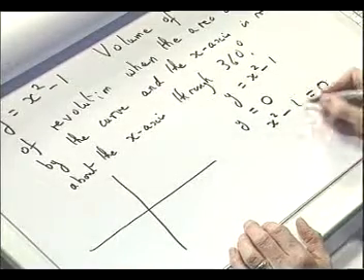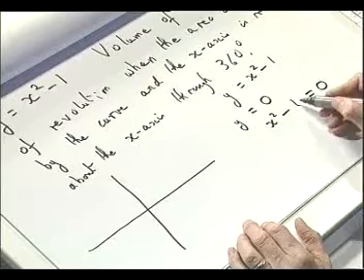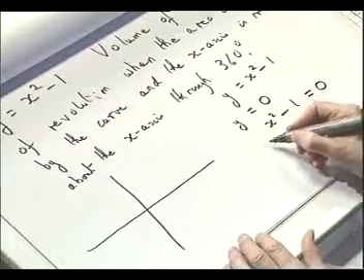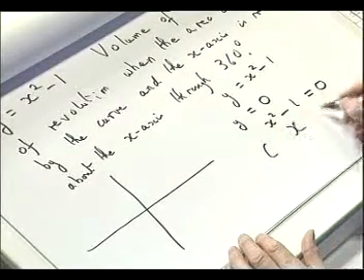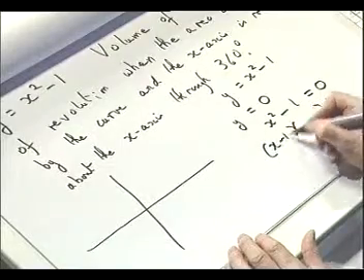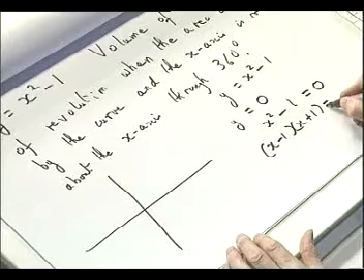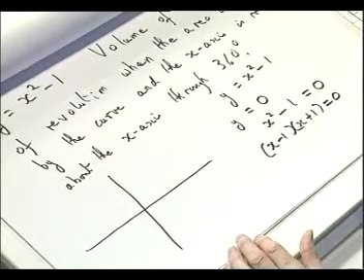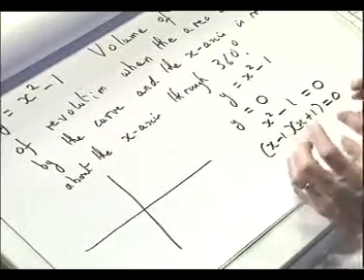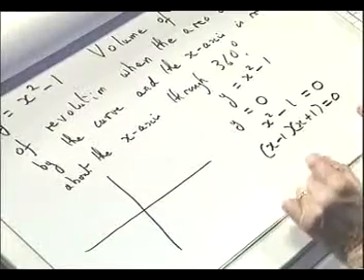So we can factorise this, and this is x squared minus 1, so it's the difference of two squares. So we'll factorise as x minus 1 and x plus 1 equals 0. Now this is a quadratic equation that we factorised into two separate factors.